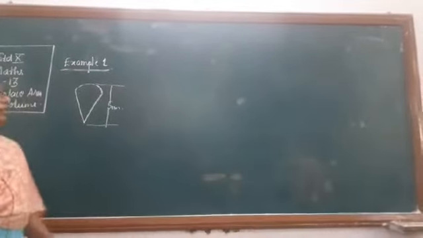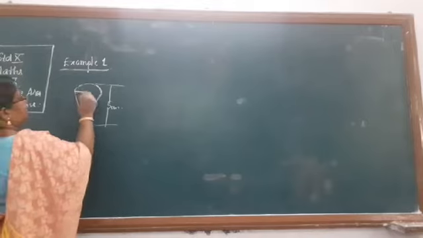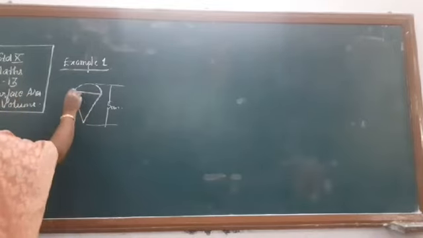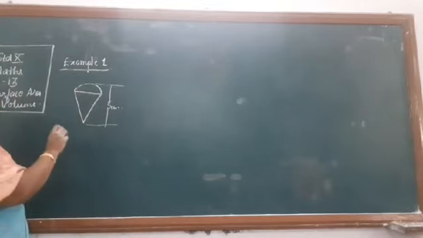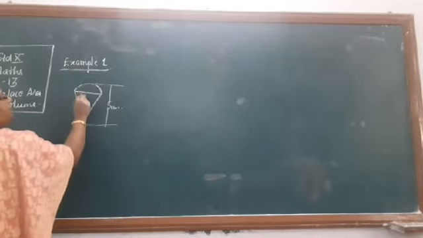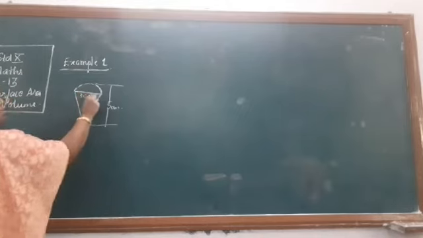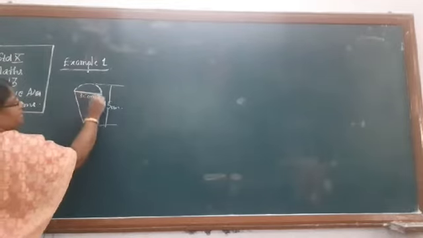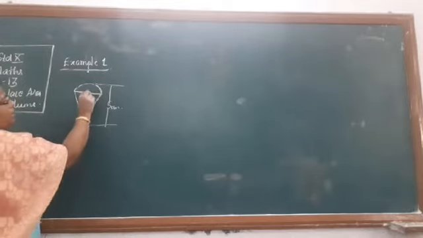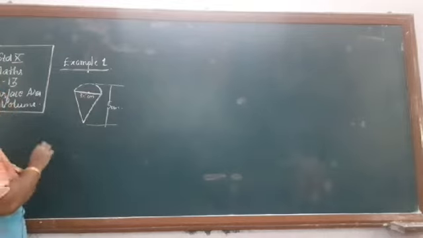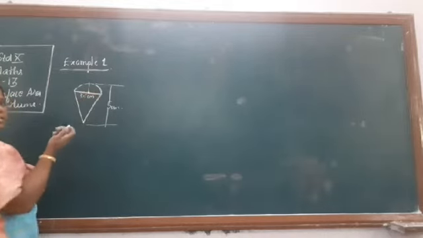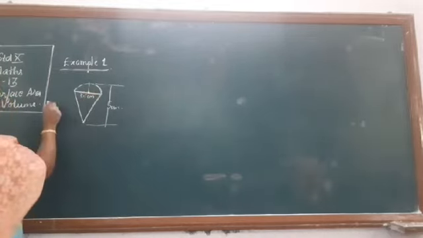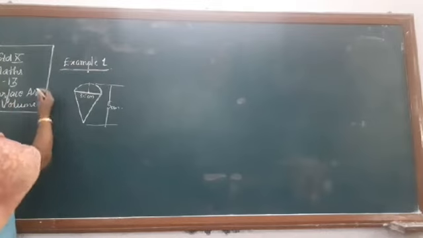Look here. So if I draw the diameter, this is the diameter of the top. This will be 3.5 centimeter. Now when we say diameter like this, this much part becomes the radius. This much part will also be the radius. Okay. So what is the radius? We can say diameter is equal to 2r.